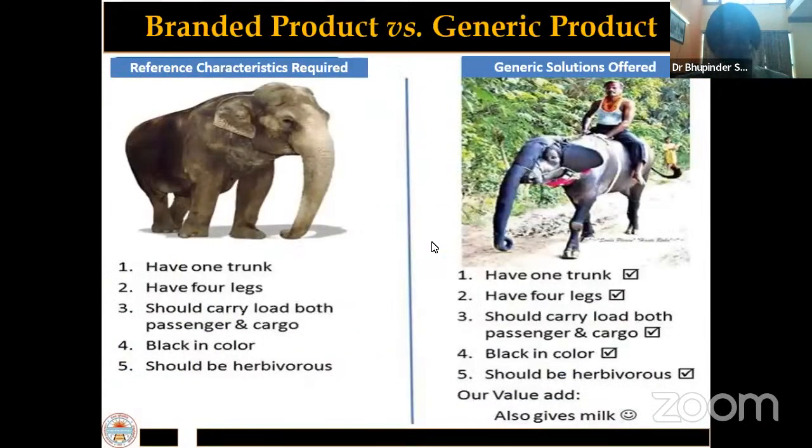Now, if we make a humble comparison, but in a lighter vein, consider the reference product as the elephant, the black elephant on the left hand side, and look at the generic solution provided by the pharma company on the right hand side.